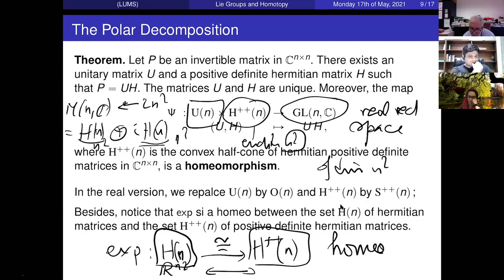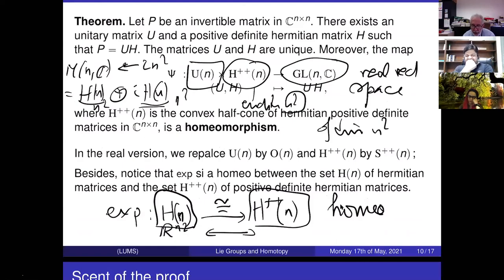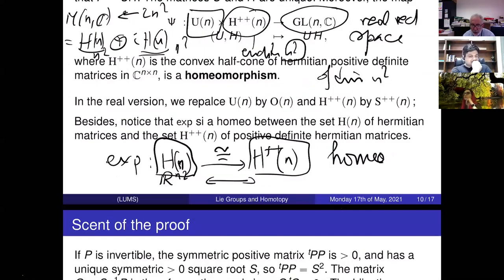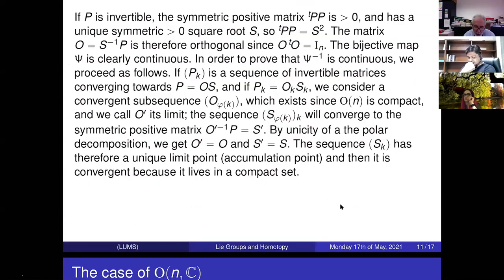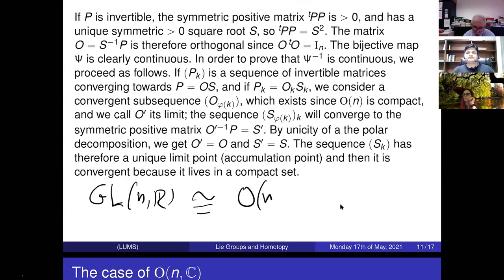So if we want to study GLNC, we are supposed to study UN. I thought I would give you the proof, at least in the real case. Here we have GL plus, homeomorphic to SO(n) times the symmetric matrices S++, which is homeomorphic to S by the exponential.